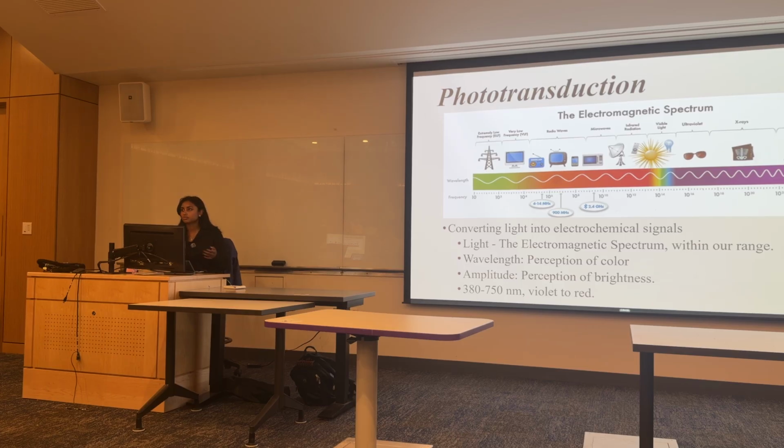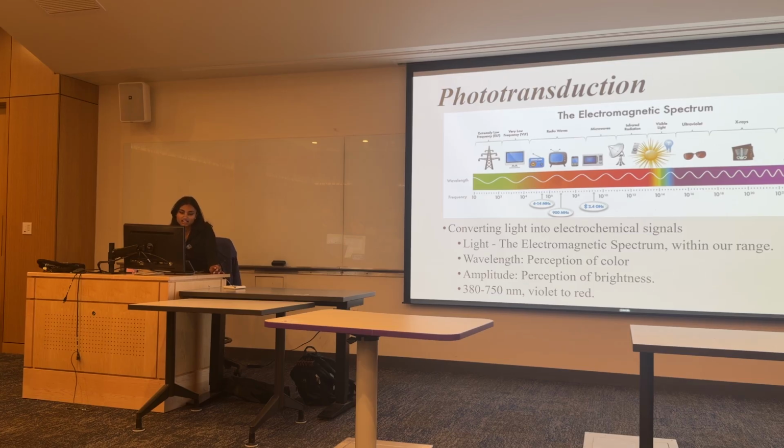And then, of course, the range that we can see is 380 to 750. So I think on the previous slide I said 400 to 700, so it's around within that range. But yeah, so the main process, I guess, is you'll see light stimuli, and then the rod and cone cells and neural pathways will convert it into electrical chemical signals, which are mainly neurotransmitters, and then your brain will interpret it in that way. Okay. Any questions at this point?